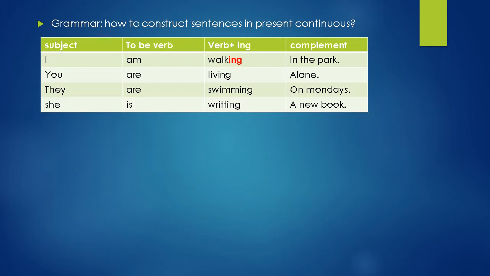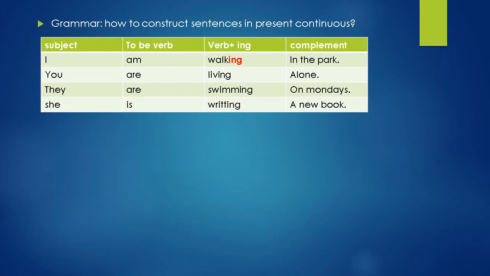Grammar. How to construct sentences in present continuous. It's the part where we explain to the students how to correctly construct a sentence in present continuous. It means subject, to be verb, verb plus ing or gerund, and complement.